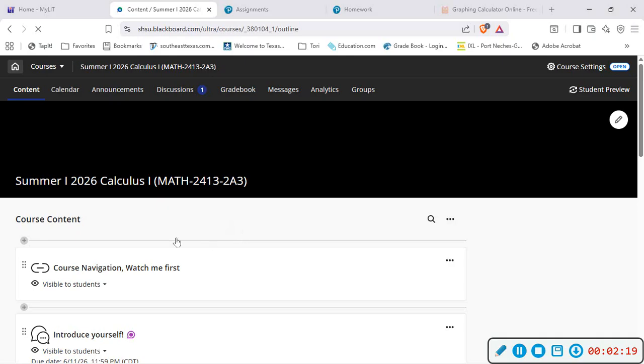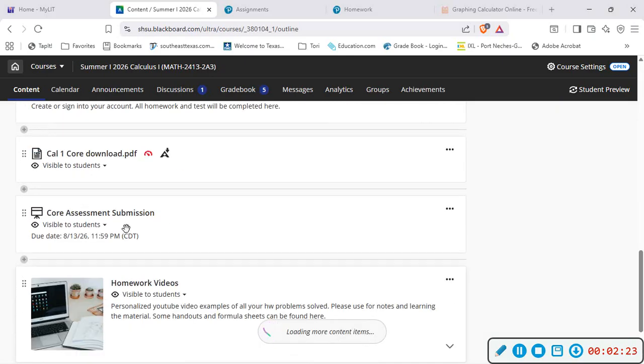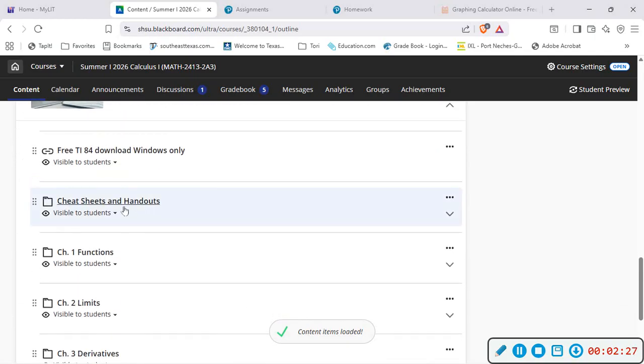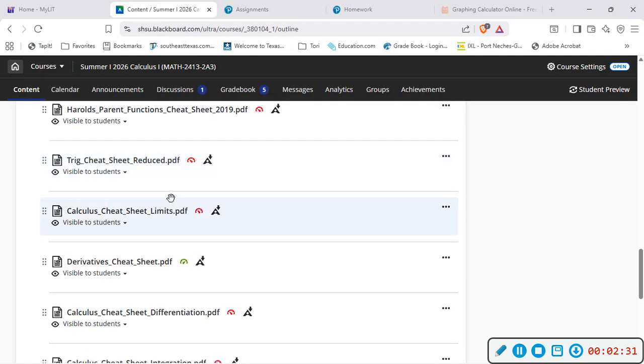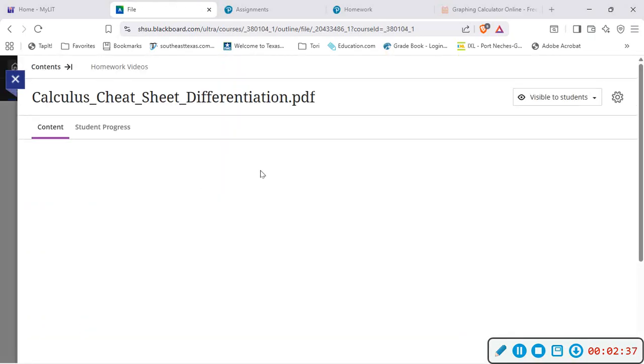So I'm going back to our course, pull up our trig cheat sheet, some homework videos, cheat sheets, handouts, and we can look at the derivatives or differentiation. Both of them should have it. Differentiation has a little bit more detail.